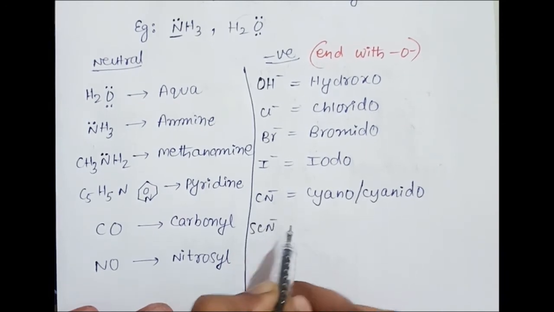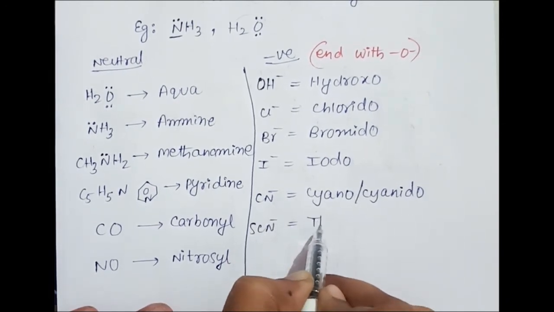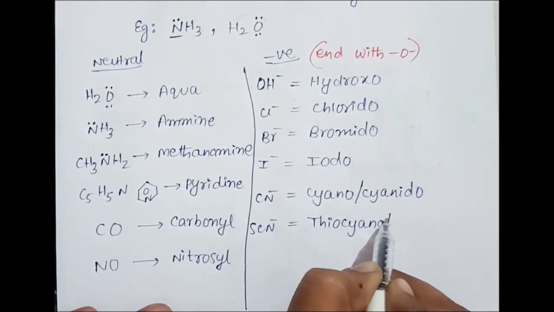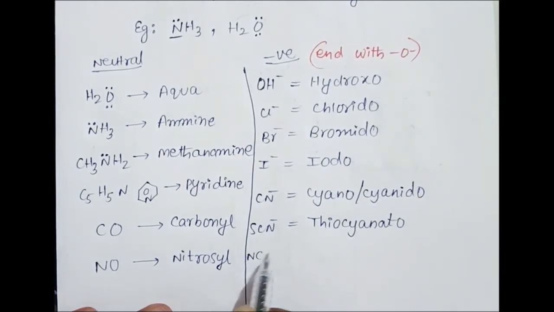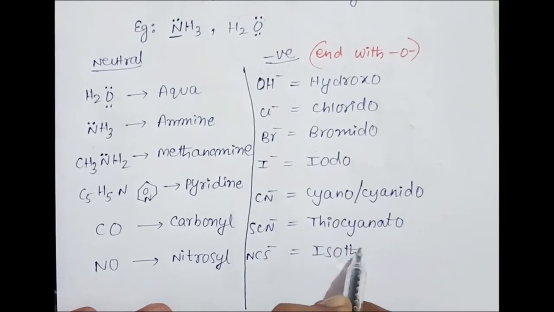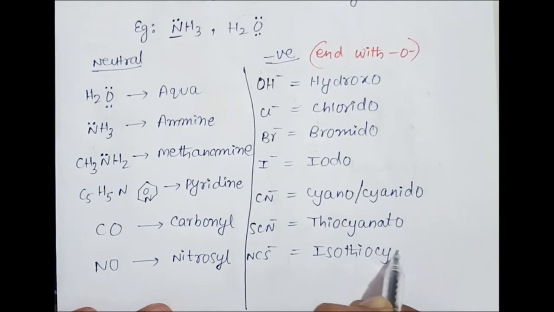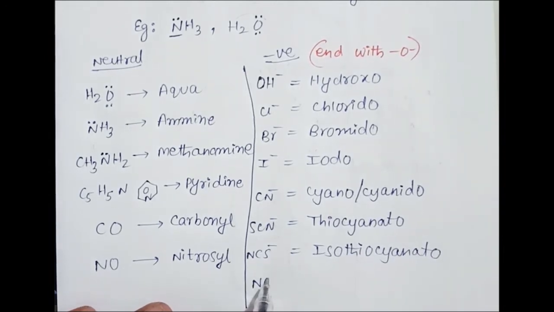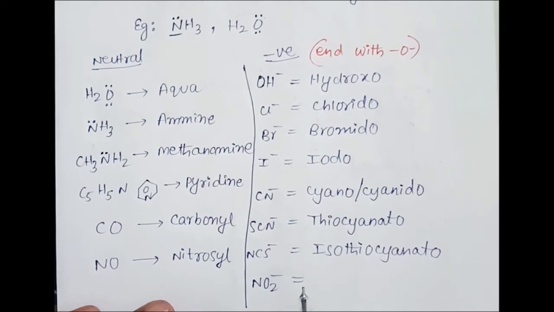The next one, SCN minus, we call thiocyanito, and NCS minus, we call isothiocyanito. NO2 minus, there are two names.